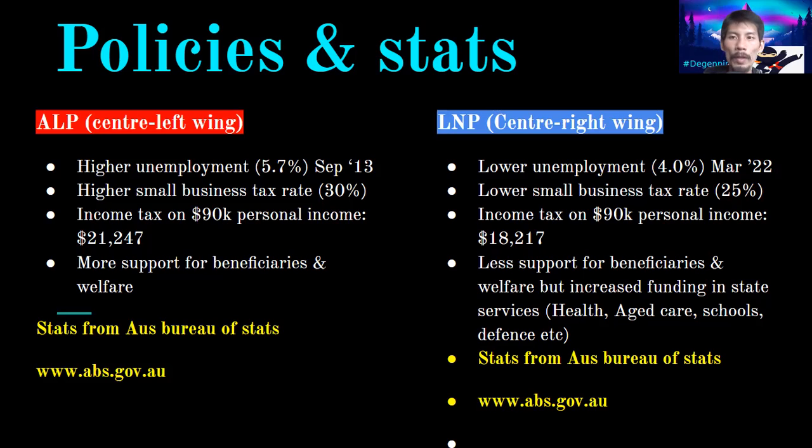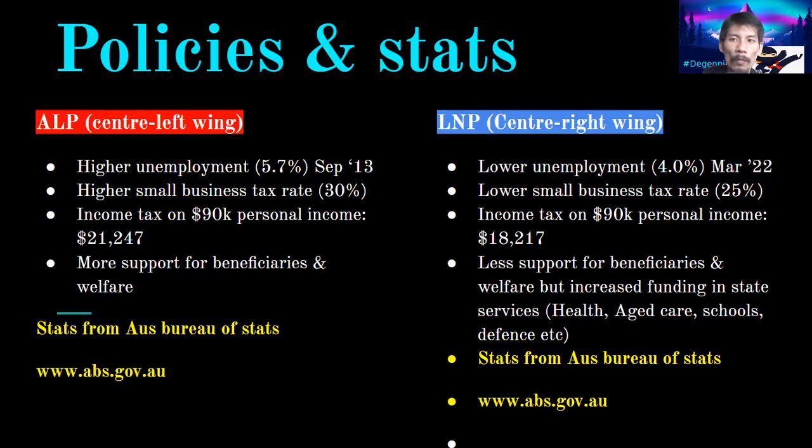Hopefully that gives you guys an insight into how to vote, and also what the various political parties' policies and stance are, and some stats comparing how they performed in government. Just remember that on voting day, there are two ballot papers, one green, one white.